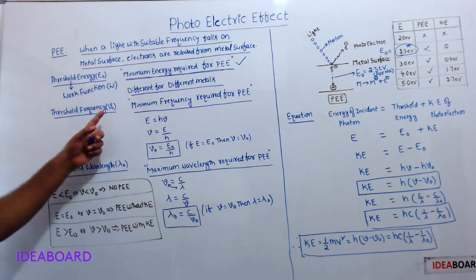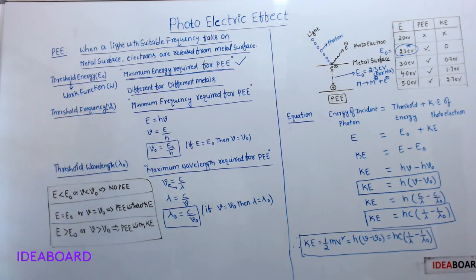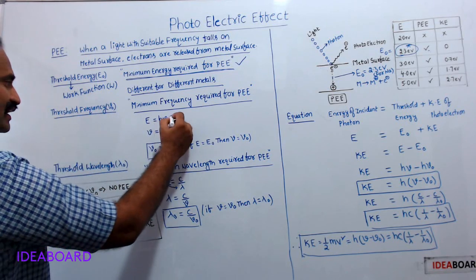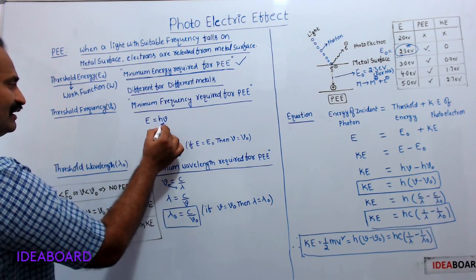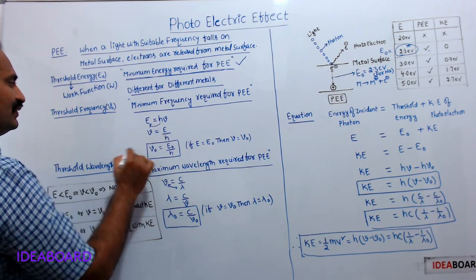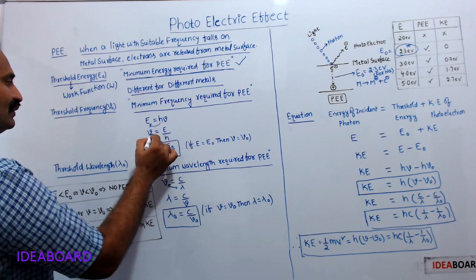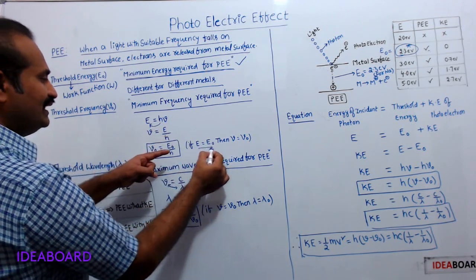Next term, threshold frequency, which is denoted by nu naught. Let us come to this equation: E is equal to h nu, Planck's equation. After rearranging this, you will get nu is equal to E by h. Suppose here E is equal to E naught.